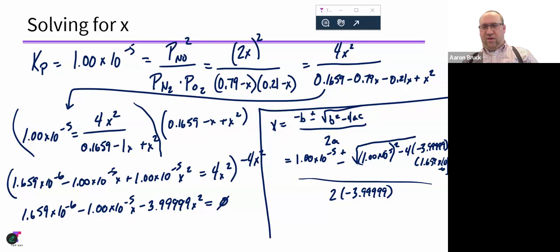So if we do the work inside of the square root, 1 times 10 to the negative fifth squared minus 4 times negative 3.99999 times 1.659 times 10 to the negative sixth.